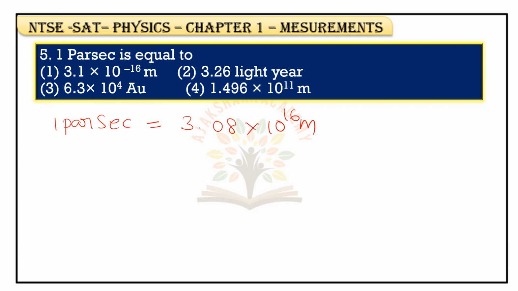1 light year is equals to, light year is nothing but the distance travelled by the light in 1 year. So 1 light year is equals to 9.46 into 10 to the power of 15 meters.